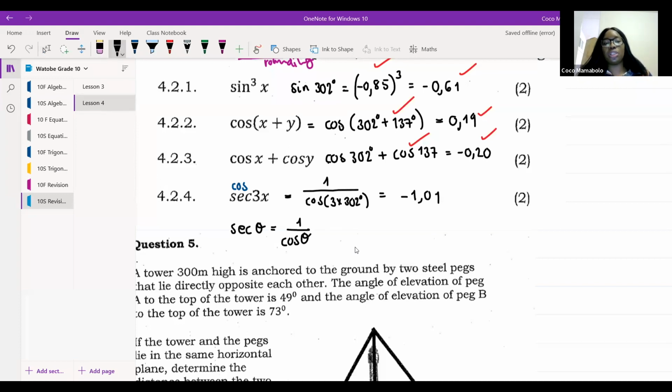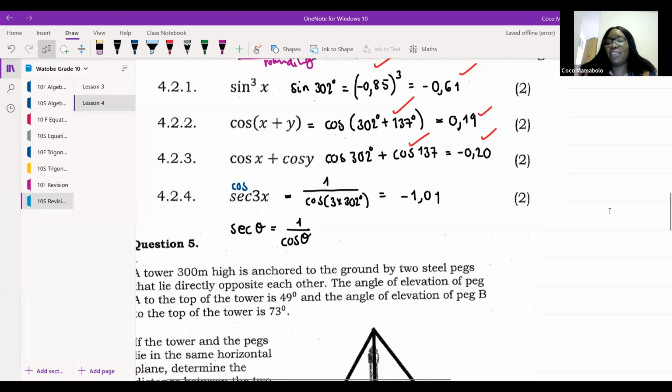So what we need to use is 1 over cos of 3, and our x value was 302. So 3x is the same as 3 times x. So we need to take 3 and multiply it by the value of x. So 3 times 302, and that's how we get our answer. Okay, I hope that answered your question. Just let me know in the chat if it did.